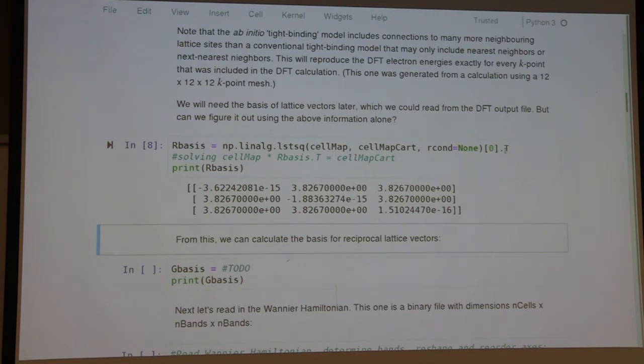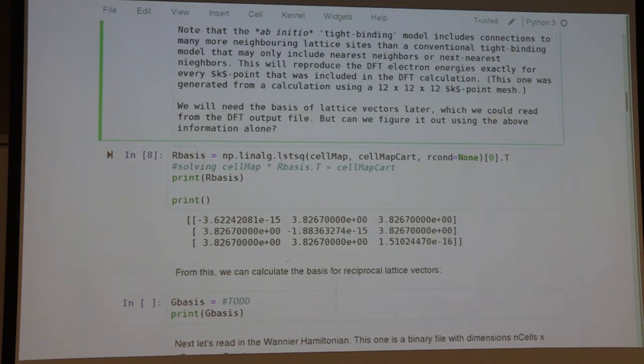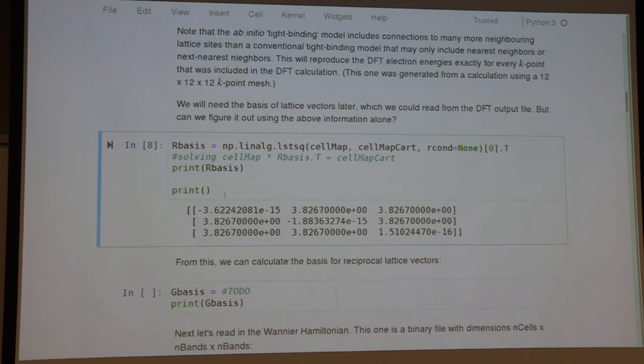Okay, so that gives us the basis vectors. So it's the linear combinations of these that give us that, and we can check that this is the case. We can check that this is actually fully determined.